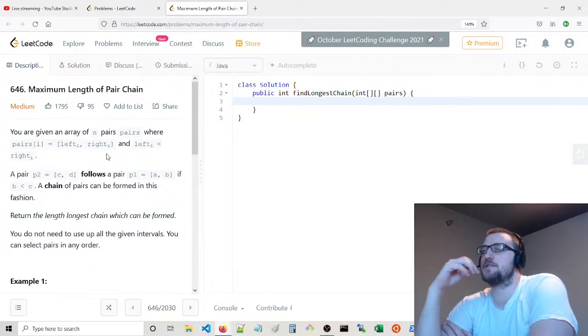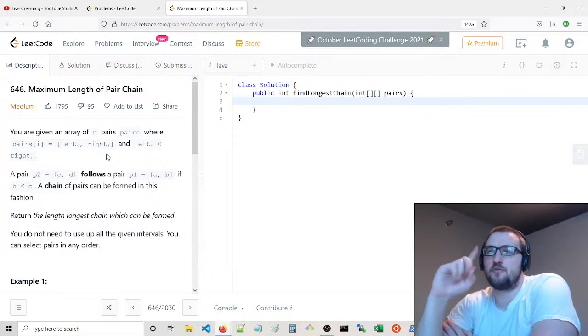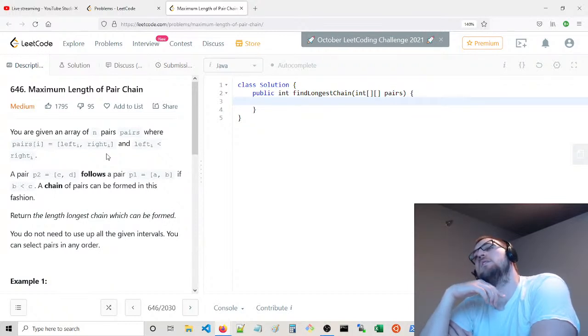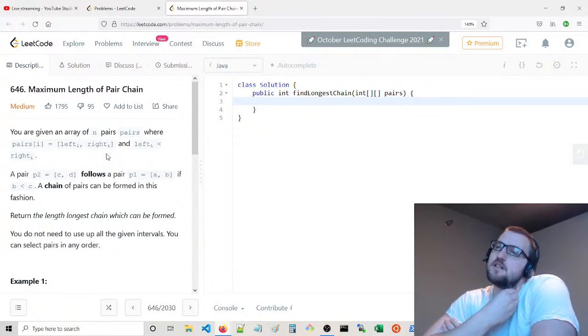You could do the longest increasing subsequence of the rightmost values, but not quite, because it's kind of like just the longest increasing subsequence, maybe.